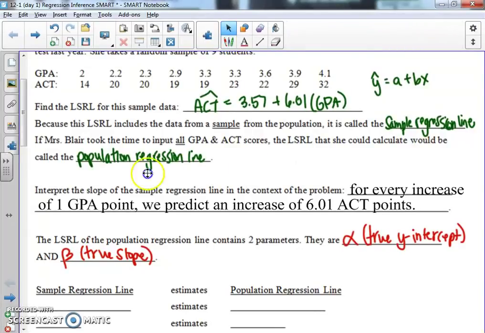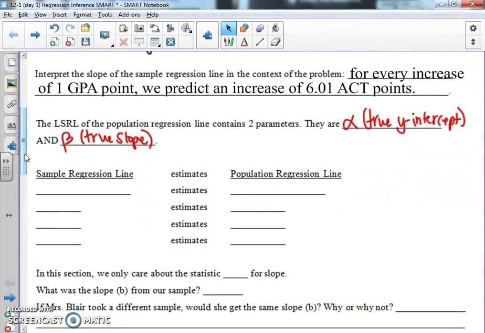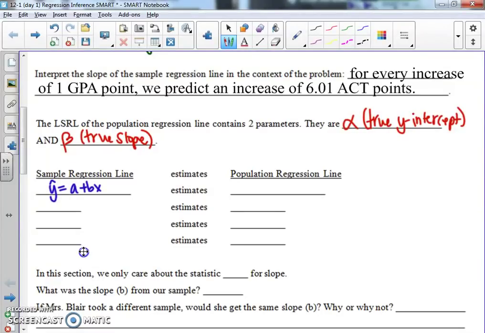But again, the whole point of statistics is most of the time we don't have enough information to do the whole population. So instead we have to take a sample, which gives us a statistic. That statistic will estimate that parameter. So I'm going to introduce you to some new symbols. I've kind of shown you up here, but I'm going to wrap it up here. So the formula that we're used to using, y equals a plus bx, you could even think of it as y hat, your predicted y. This is a sample regression line that estimates the true regression line.